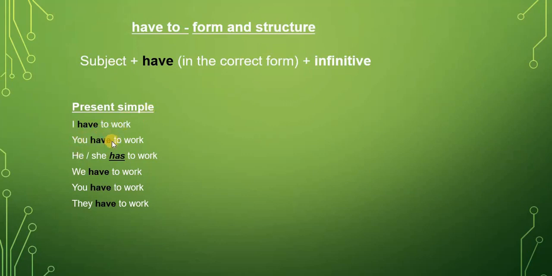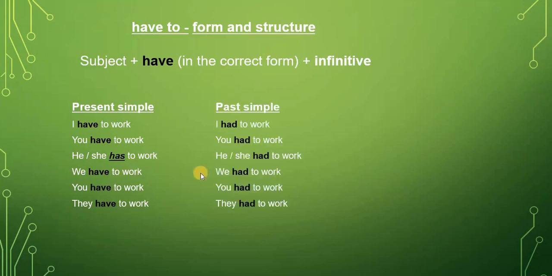I have to work. You have to work. He, she has to work. We have to work. You have to work. And they have to work. So notice that the only thing that changed is the third person singular. Alright? He, she has to work.